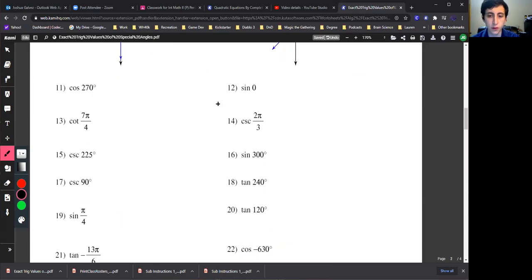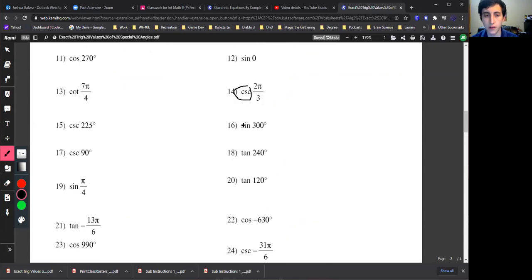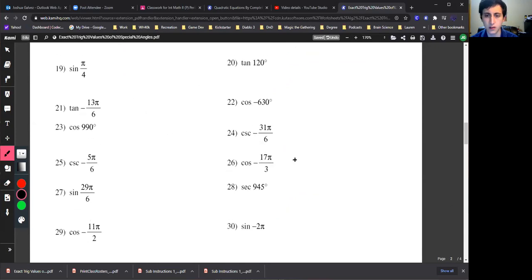Okay, anyway, so there's a whole bunch more problems. Now, you'll see some of these here that say cosecant, CSC, or cotangent. There's another one that says secant somewhere, I think. Yeah, like this one. These are trig functions that we haven't gone over in class, so you don't have to worry about these. Just worry about sine, cosine, and tangent.